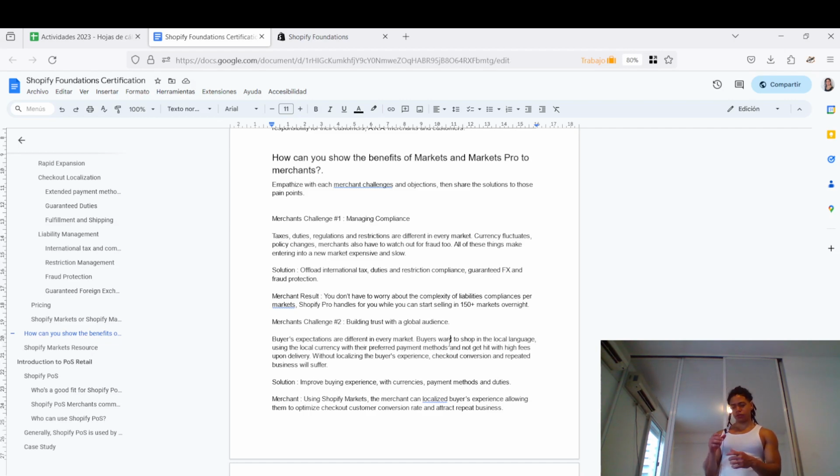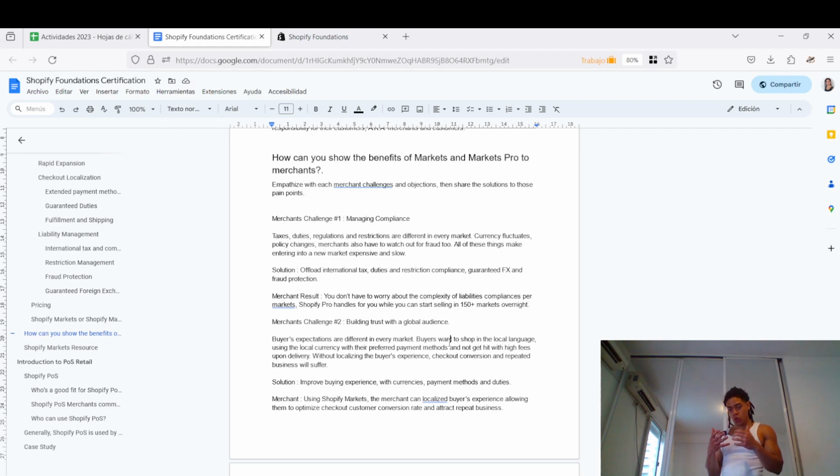So buyers want to shop using the local currency, the local language, with the preferred accepted payment methods, without getting hit with hidden fees.